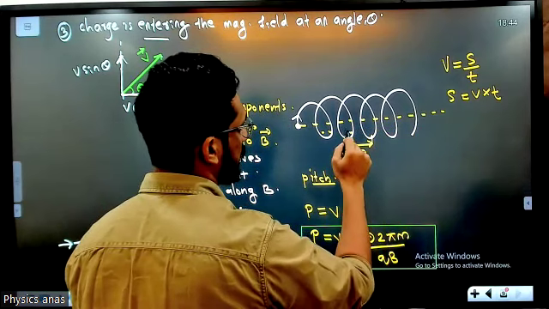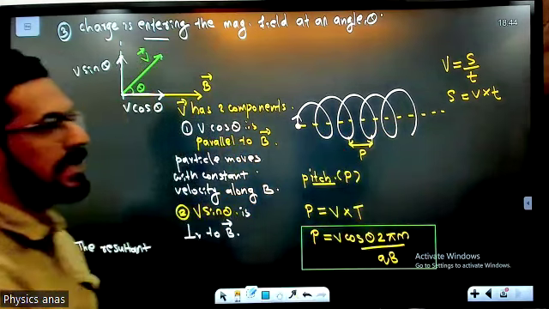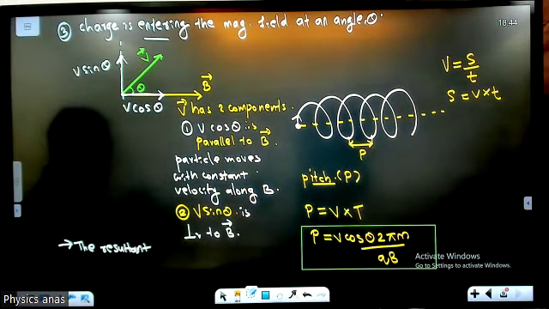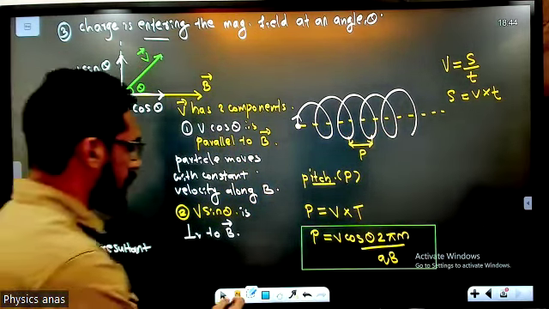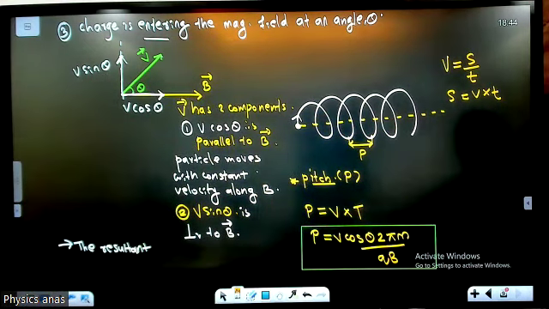Draw the helical path and show the pitch also. We have to write what is pitch after that. Show that helical path.